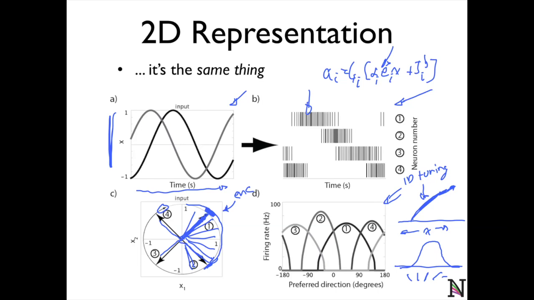Even though they're defined in a 2-dimensional space, we're plotting as a function of theta down here, right? So this is showing exactly how far around the circle we are. Again, for this neuron, when we're this far around the circle at 45 degrees, it's going to have its peak firing. And that, of course, corresponds to this peak firing in time, because that's where we are at the 45-degree point in our input on the unit circle.